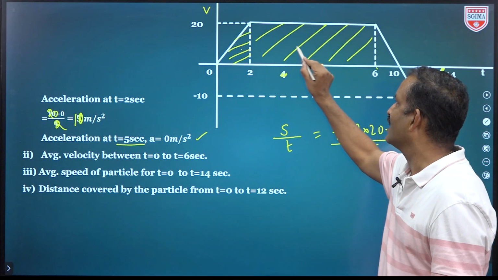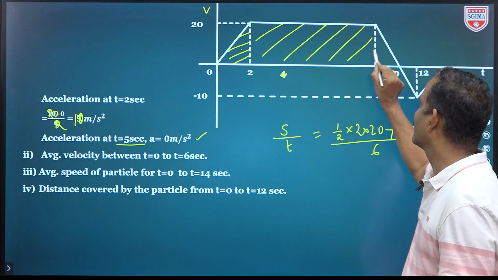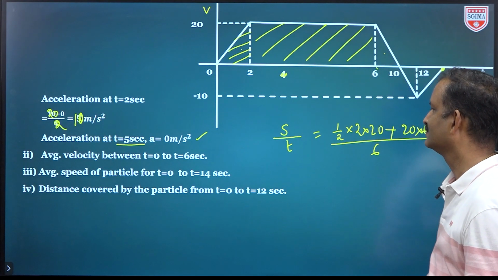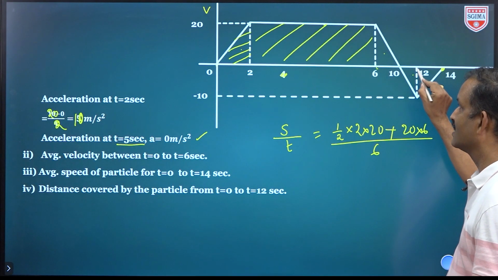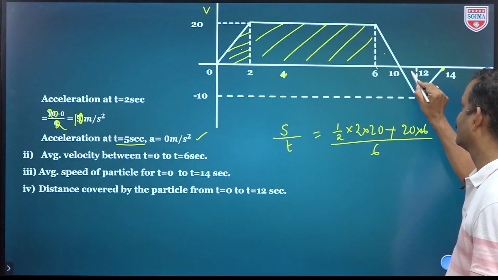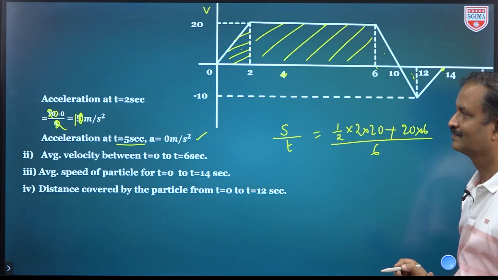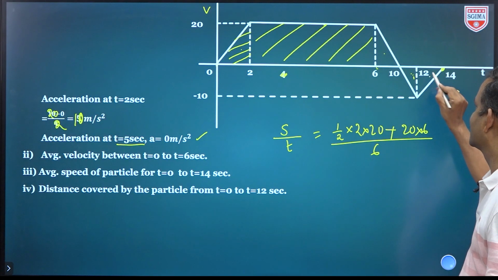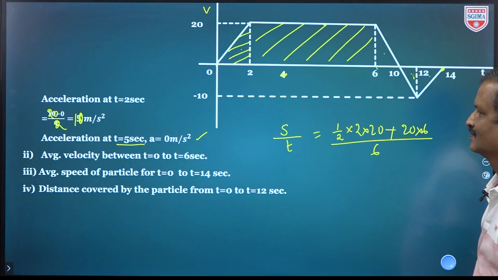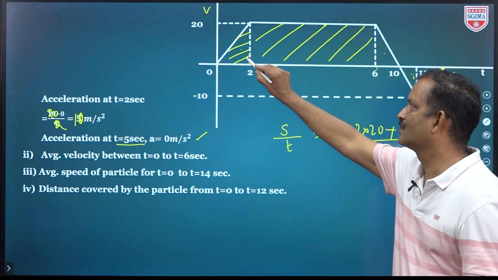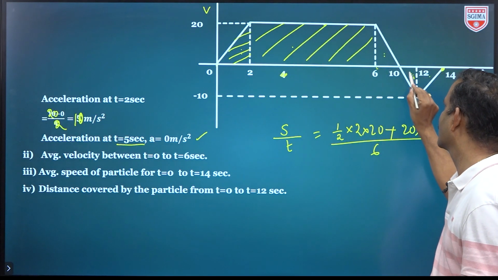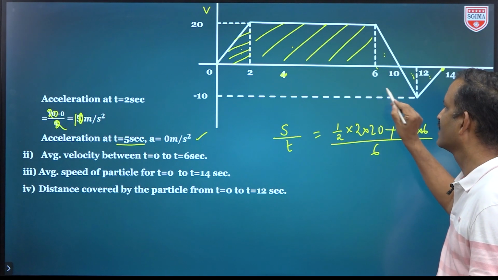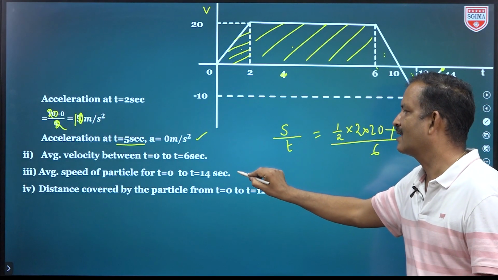So, this area plus this area plus this area plus this area, because distance is always positive, this area plus this area. To find out the speed, you have to add this area plus this area plus this area plus this area plus this area, by total time is average speed.